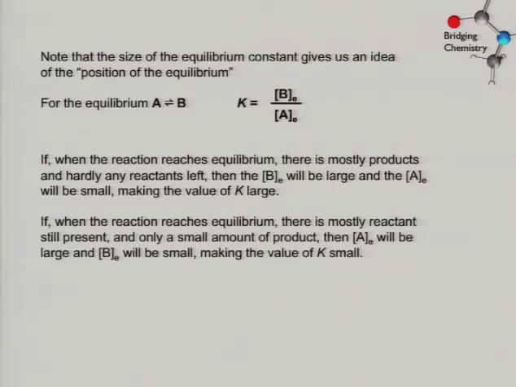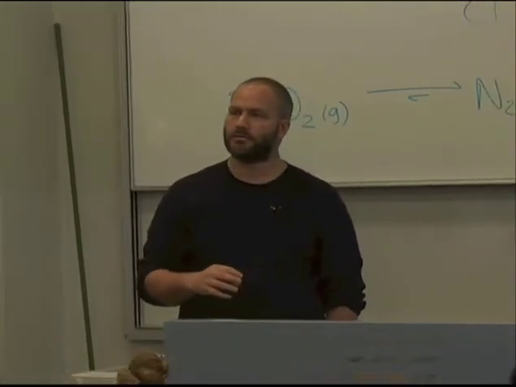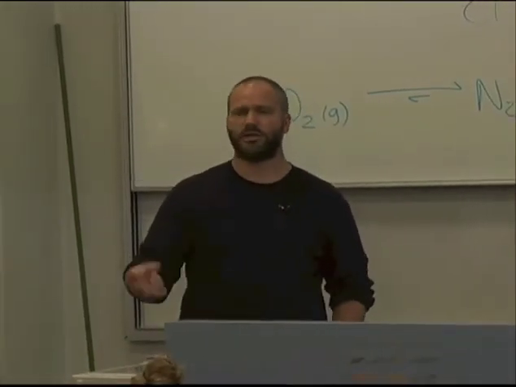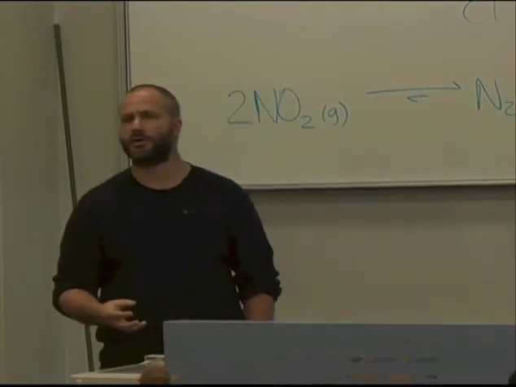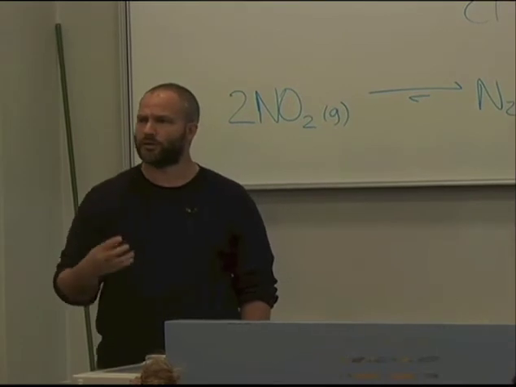We're going to imagine making B a number and A a number and working out what K is, then changing A or changing B and seeing how it changes K. You can just do this on your calculator. You don't have to know the numbers, you just make up numbers, but you want to change them and see what effect that has on the K. As we're going to see, because we're going to do lots of lectures on equilibria, this is a really helpful way to keep track of what's going on.